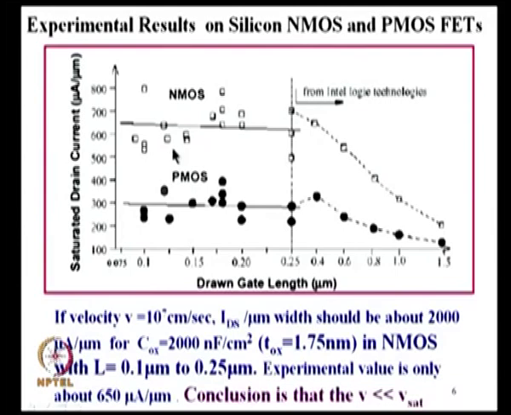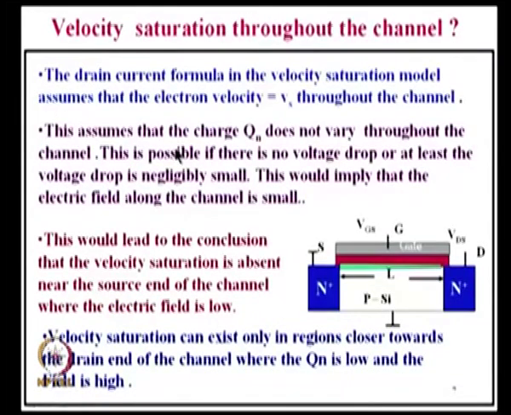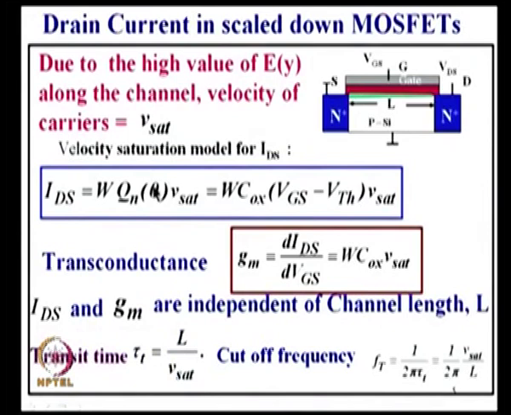Now, let us see the model that we have taken here. What you have done is, you have taken the charge at the source end and taken the velocity as velocity saturation. That would mean the current here is whatever charge is present into velocity saturation.